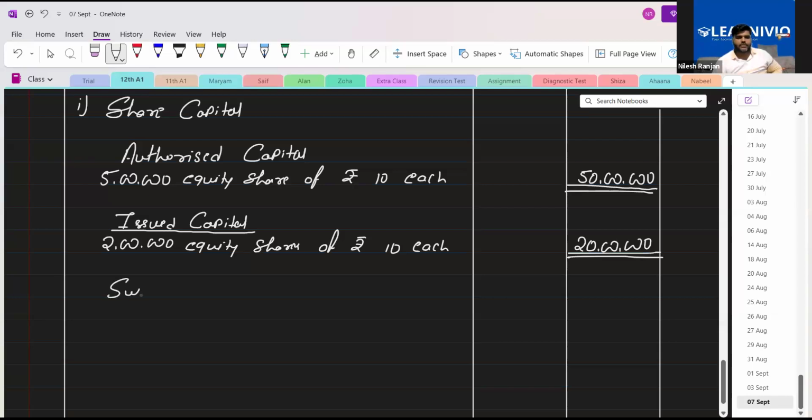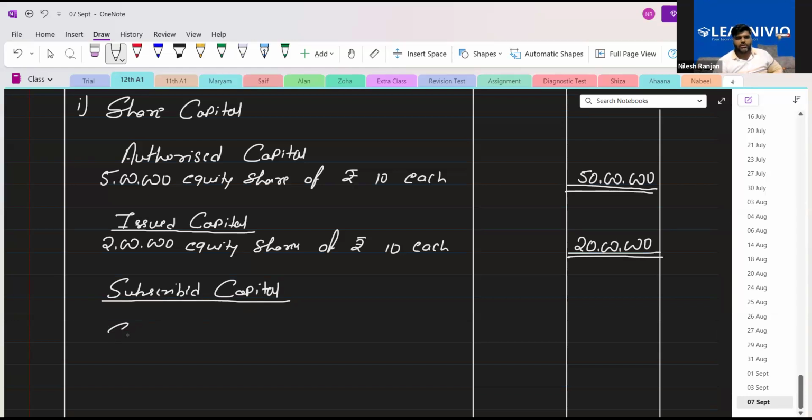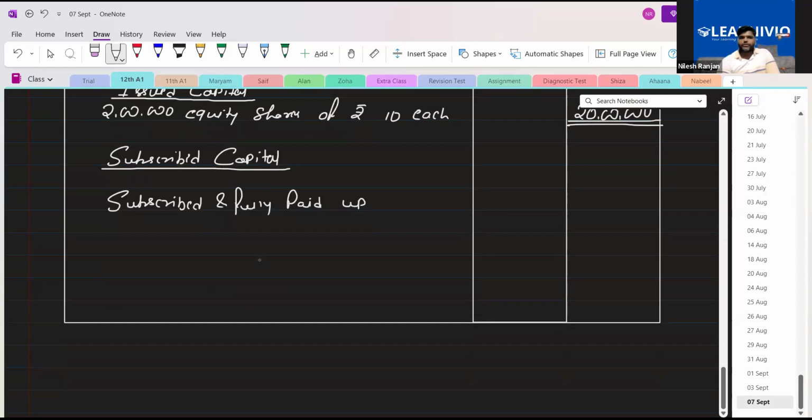After that, subscribed capital. Under subscribed capital, there are two categories. One is called subscribed and fully paid up. There is no share in this category. Why? Because the company has not asked the final call. So all the shares will be in the second category, subscribed but not fully paid up.